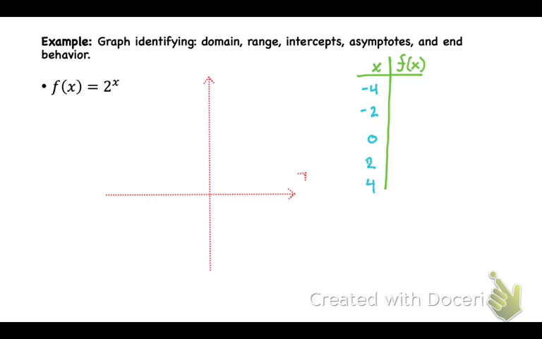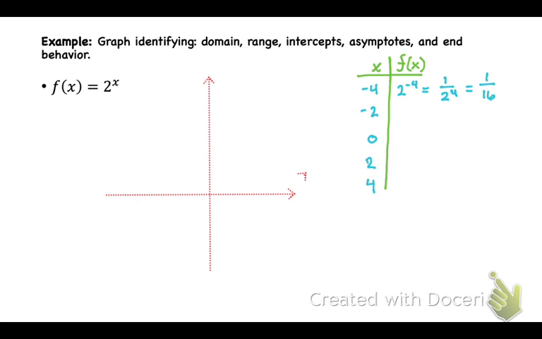Because if the graph is symmetrical on my x, I might be able to see it, right? Okay. Well, if I have 2 to the negative 4th, what does a negative exponent do? Reciprocate, so it's 1 over 2 to the 4th, which is 1/16.